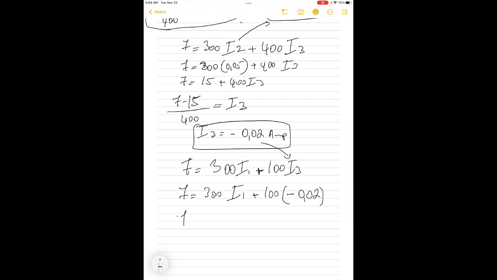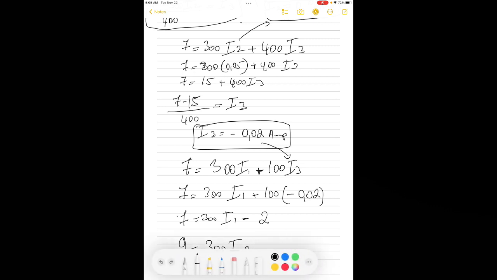This one gives us minus 2. So 7 plus 2, that equals 9, equals 300 I1.